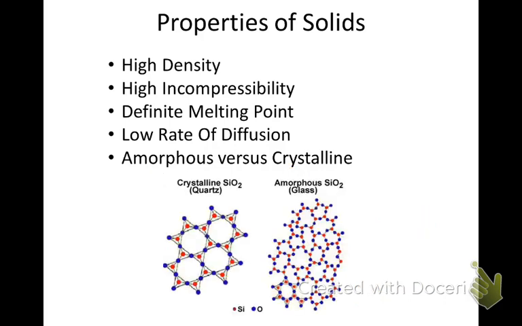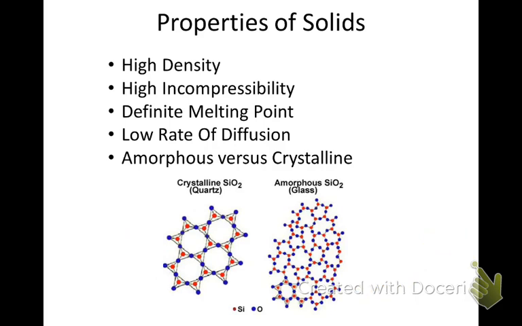Now here's a great example of the difference between amorphous and crystalline. On the left-hand side, you have a chemical with the formula SiO2, which could be something known as quartz. If you look at quartz under a microscope, it's a very pretty rock. It's very ordered, with a star-shaped pattern, and the silicons and oxygens are in a very predictable, ordered pattern. On the other side, amorphous SiO2 is actually glass.